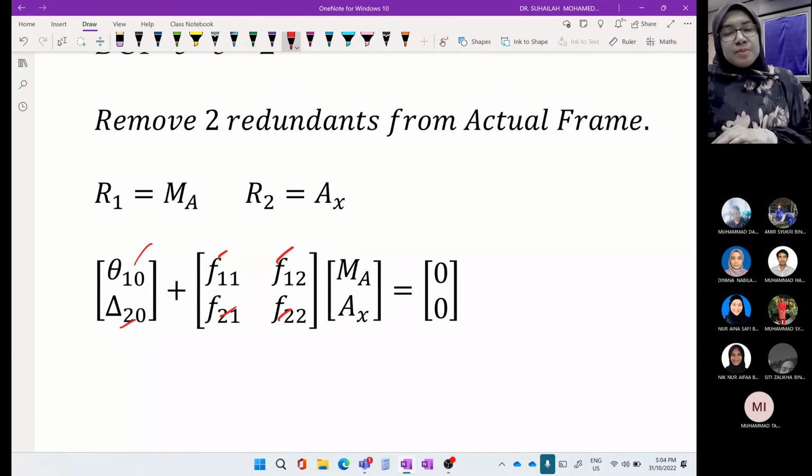So 6 displacements: 2 at primary, 2 at redundant number 1, where redundant MA is applied, and another 2 at redundant number 2, where redundant AX is applied. Okay?